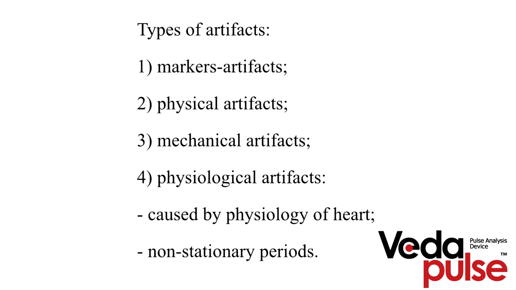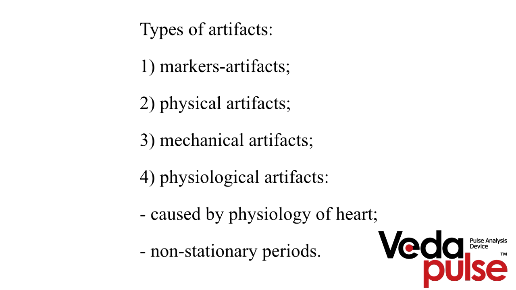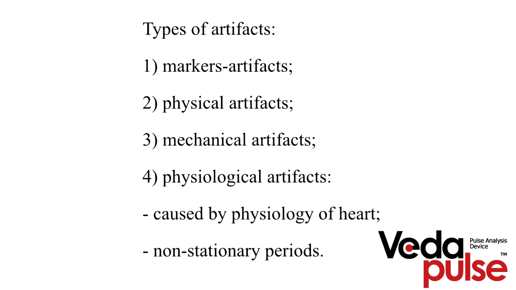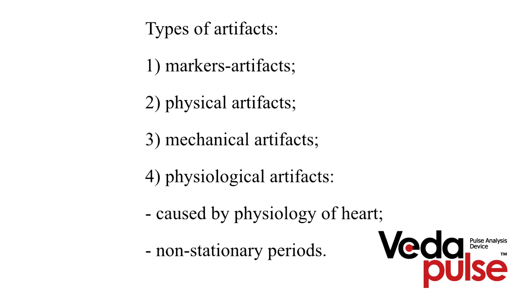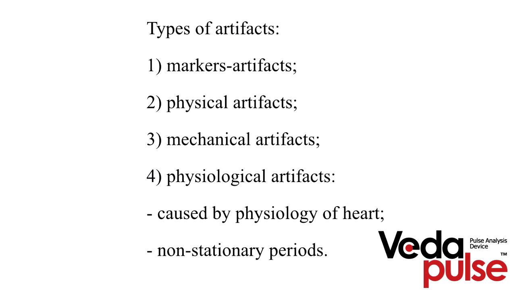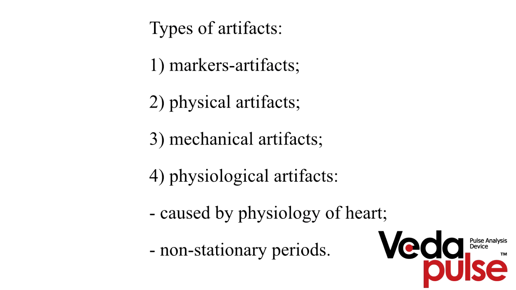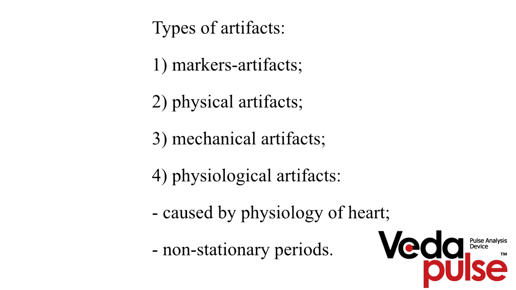Mechanical artifacts appear due to movements of a patient and electrodes. Physiological artifacts are connected to the biological processes that take place in our body. For example, ventricular and auricular extrasystole, heart physiology, sinoatrial block and auricular fibrillation.